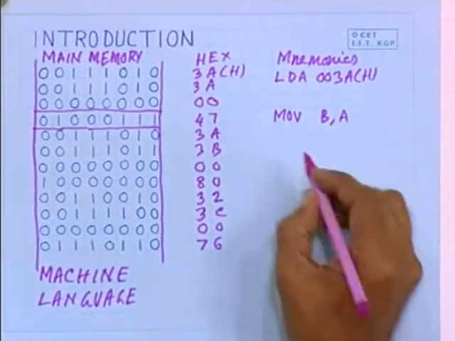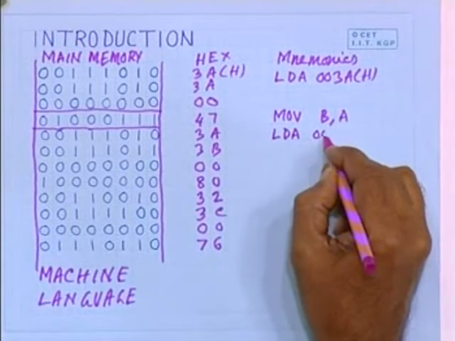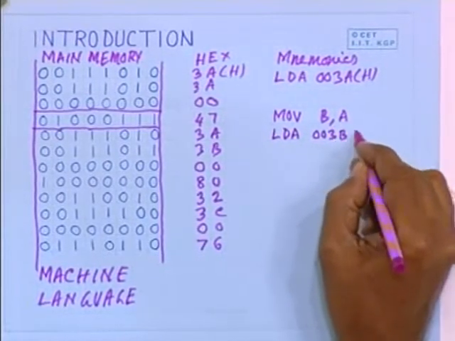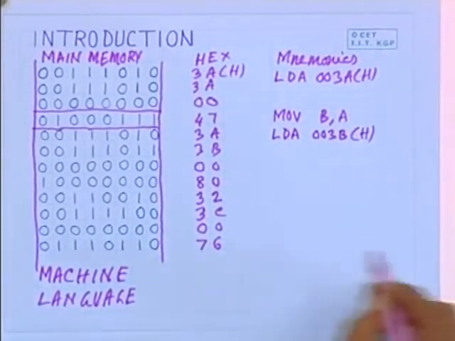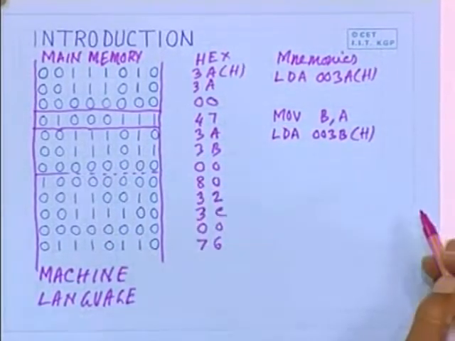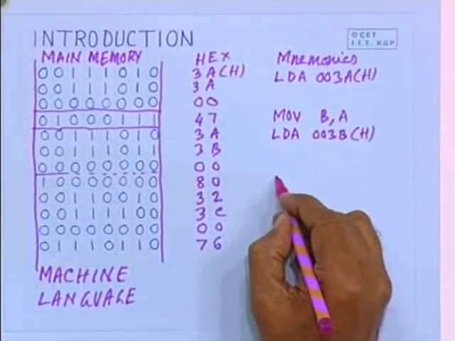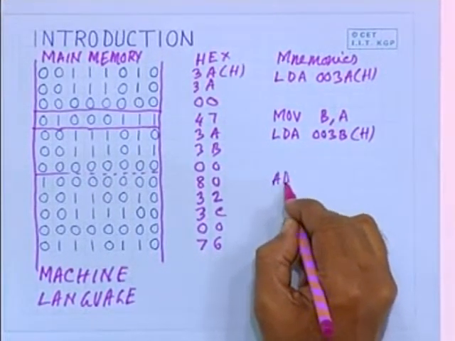The next instruction again performs a load operation, LDA 003B hex, and the instruction is of 3 bytes in length. Similarly, 80, which is in hex, performs the addition operation.